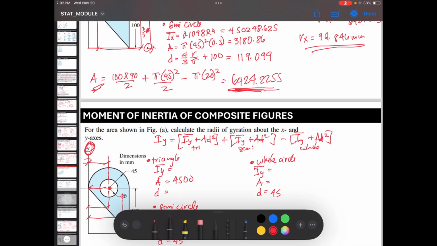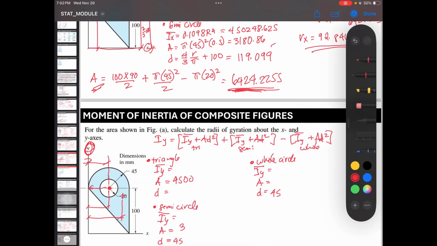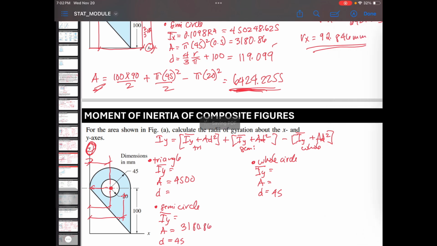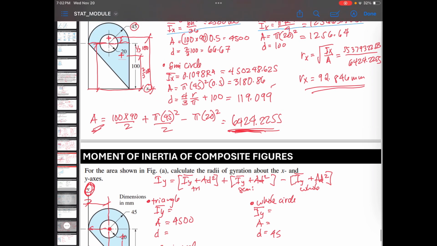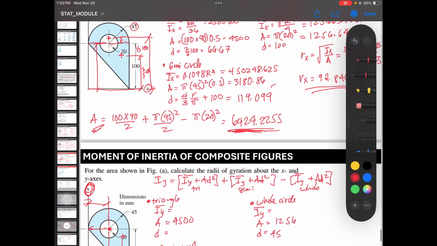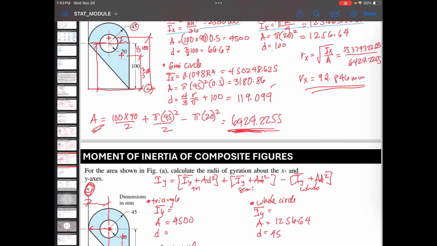Kay semicircle, 3180.86. Si whole circle, ano area niya? 1256.64. So, mga Iy bar na lang nila.